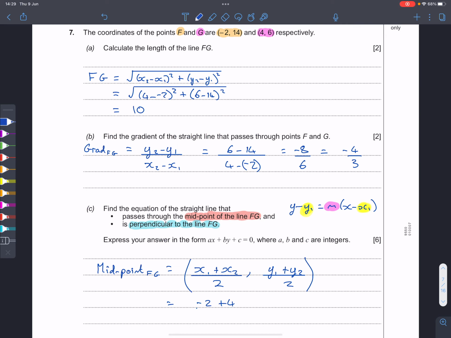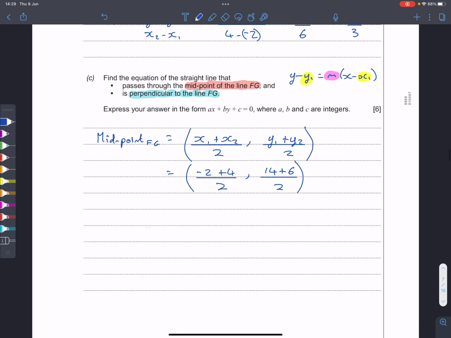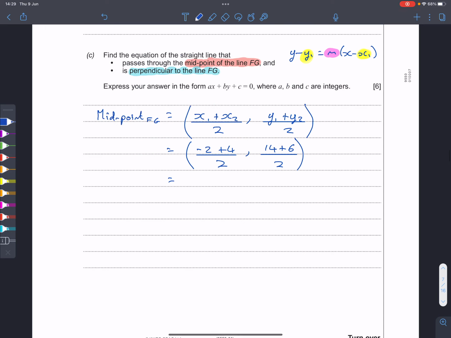So I'm adding the x's together, halving it, and then adding the y's up. So 14, add 6, and halving them. So this is the midpoint. It's going to be negative 2 plus 4 is 2, divided by 2 is 1. 14 plus 6 is 20, 20 divided by 2 is 10. So there's my midpoint of FG.